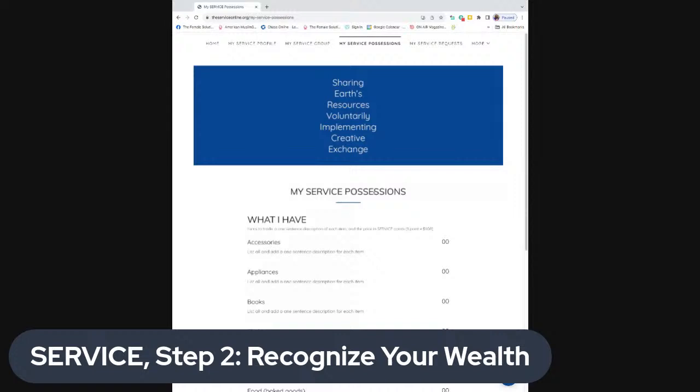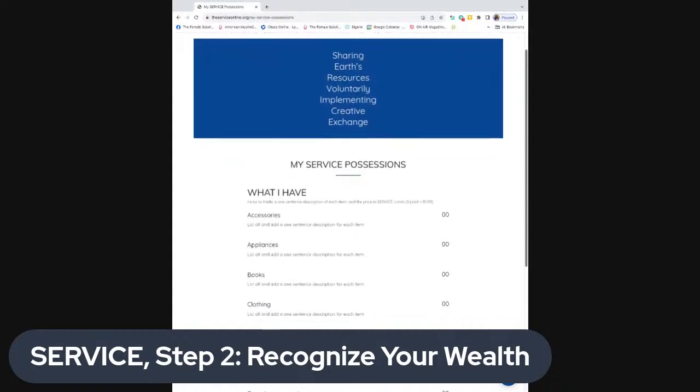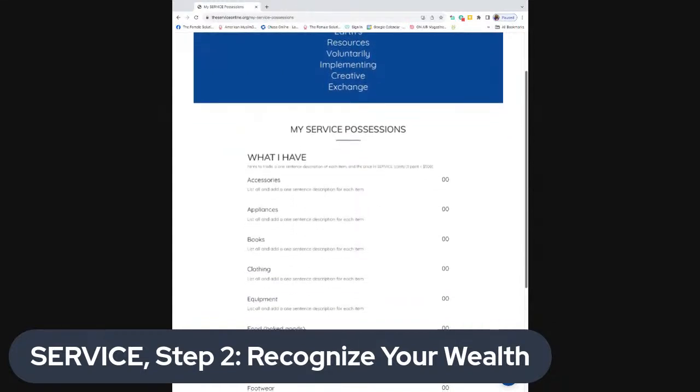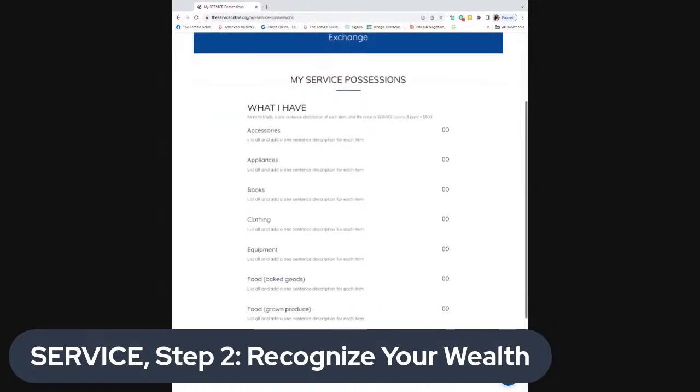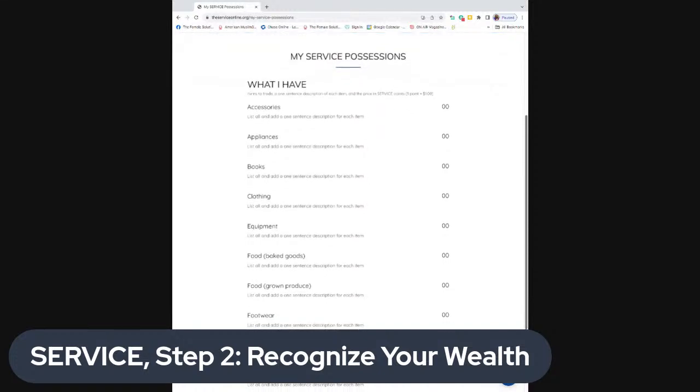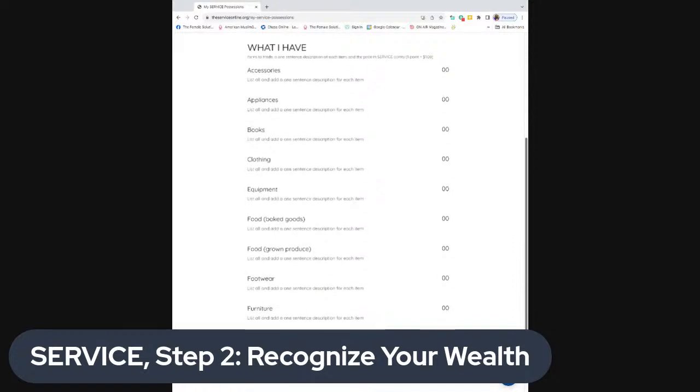So these are the categories you want to put all of your things in: accessories, appliances, books, clothing, equipment, food, it could be baked goods, grown produce, footwear, shoes, boots, furniture. And again, you're listing a 1-sentence description of each of these things. Household items.